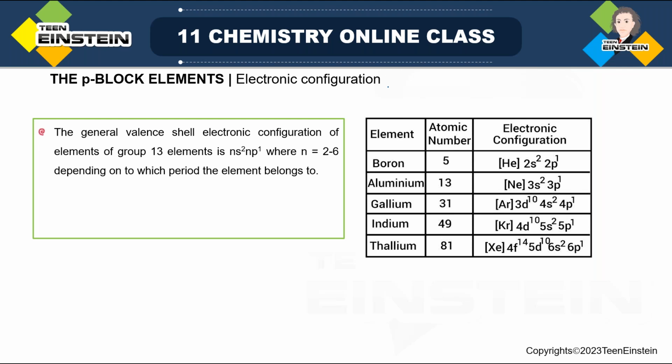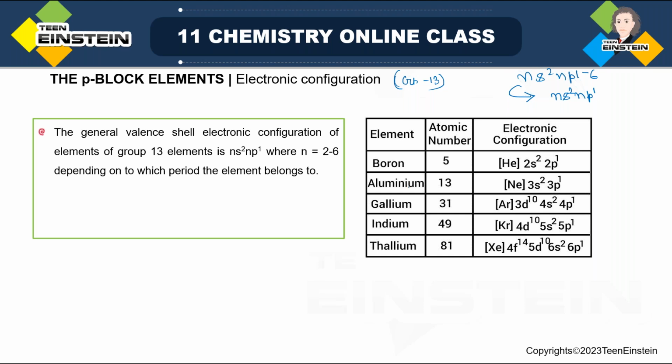Then electronic configuration for group 13. So as we have seen, the general electronic configuration for p block is ns2 np1 to 6. Now when it is group 13, it should be ns2 np1, the first electron in p orbital.